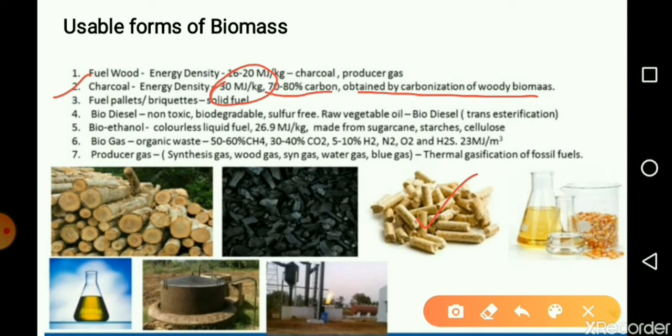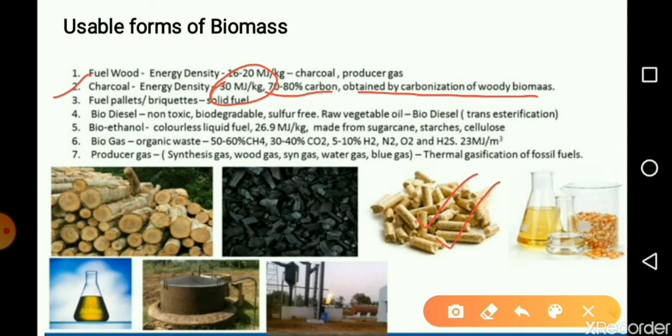In this method, the raw biomass is treated in order to increase the energy density by compression of this combustible material. First the raw biomass, that is fuel wood or wood chips, is converted into powder form, and that powder is heated in order to remove the moisture content, and it is compressed by using binders and used in this pellet form.